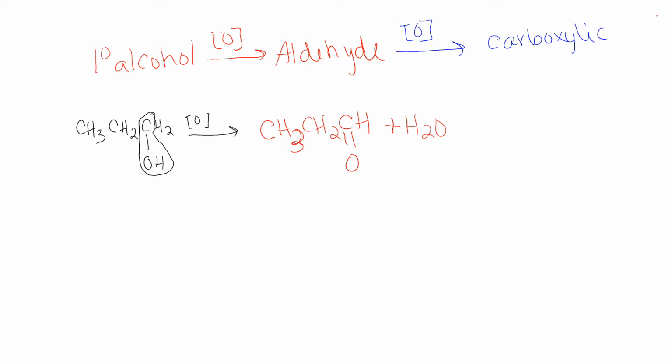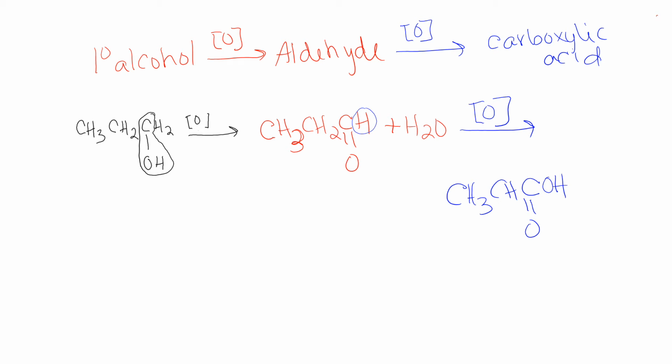And the reason they do this is because they have another carbon-hydrogen bond that we can break and form another carbon-oxygen bond. So if we do another reaction, I'm going to write this below because I don't have enough room to show it. You'll have CH3, CH, okay, you still have your carbonyl group, but now we've replaced our carbon-hydrogen bond with a hydroxyl, so now we have a carboxylic acid.